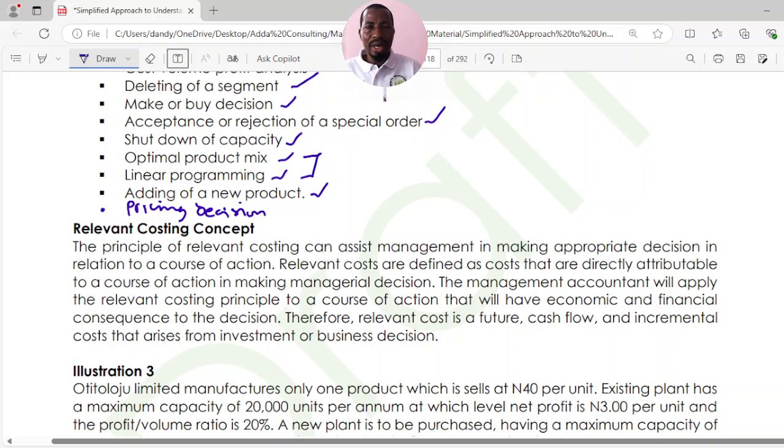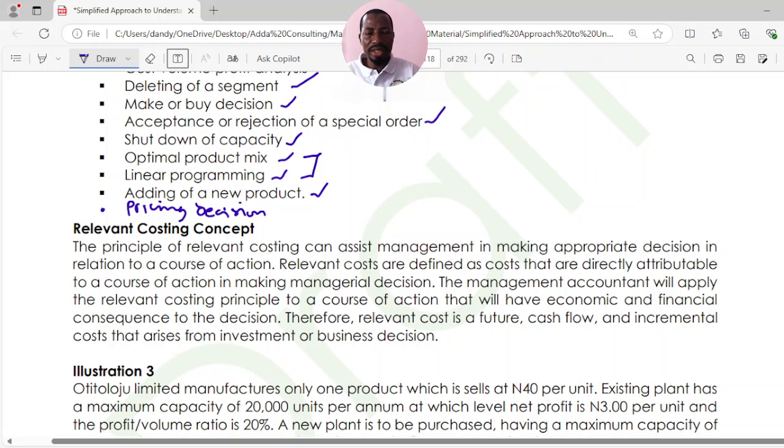Then again, we talk about cash flow. Relevant costs are future cash, they must be cash items. So any notional cost like depreciation, amortization, provision, interest, those are not cash flow. You don't consider them because relevant costs must be cash flow. Then the last one is incremental. Incremental costs are costs that change between alternatives as a result of the decision that is to be taken.